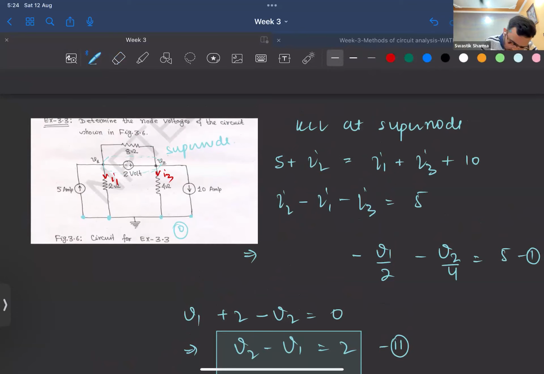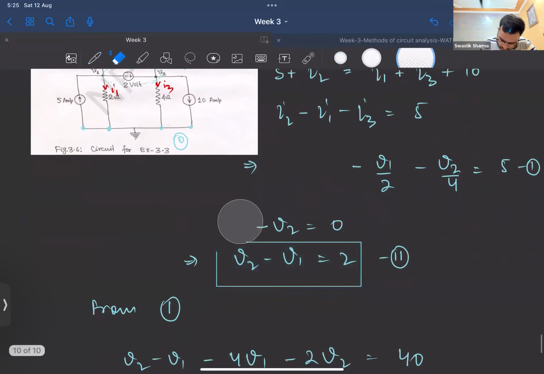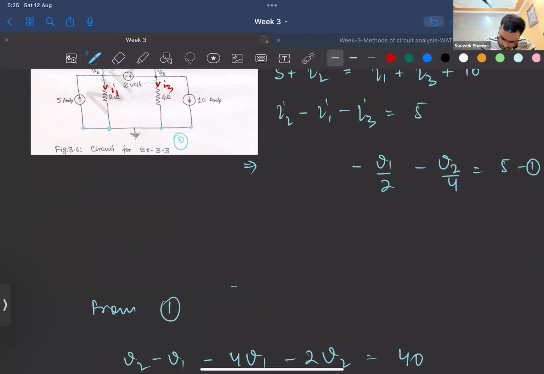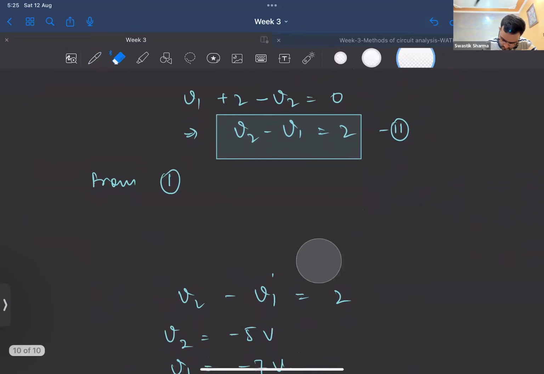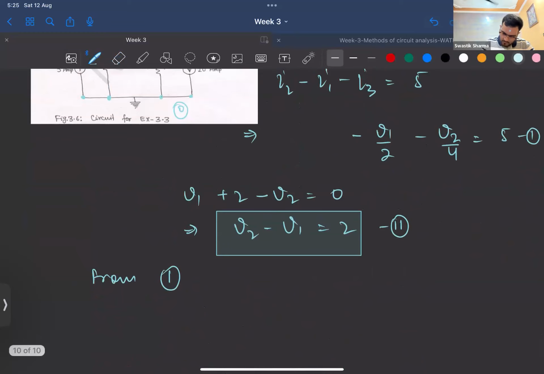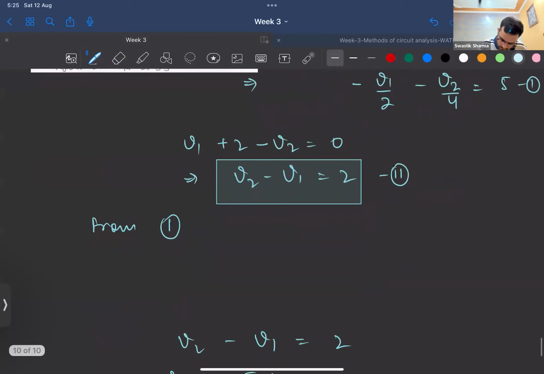This won't be here because this is a supernode, right? So the current entering is 5 ampere and leaving is I1, I3, and I4. Right? So V1 by 2, so this would be V1 equals to 10.